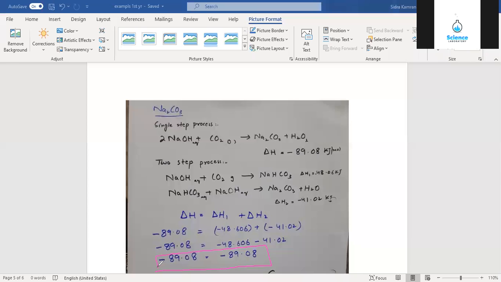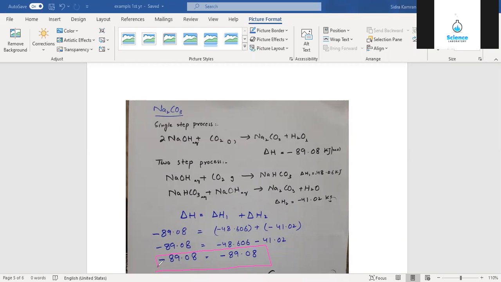Your reactant must be the same, your product must be the same. It doesn't matter what changes you made in between. The enthalpy change always remains the same, because this is considered a cycle. If you sum up the cyclic reaction, it will be equal to 0.